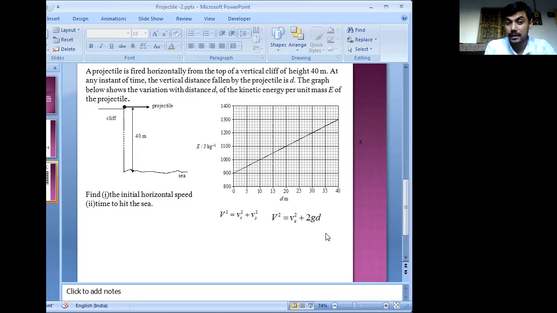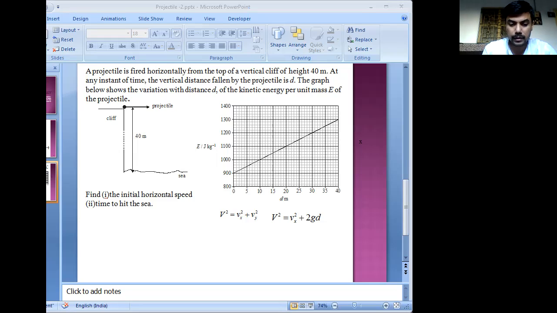Now in this case, your expression along the y-axis is the kinetic energy per unit mass, which means we should have the expression of half v square. Mind you, because kinetic energy is half mv square, per unit mass means half v square. So let's find that out and see what we get.